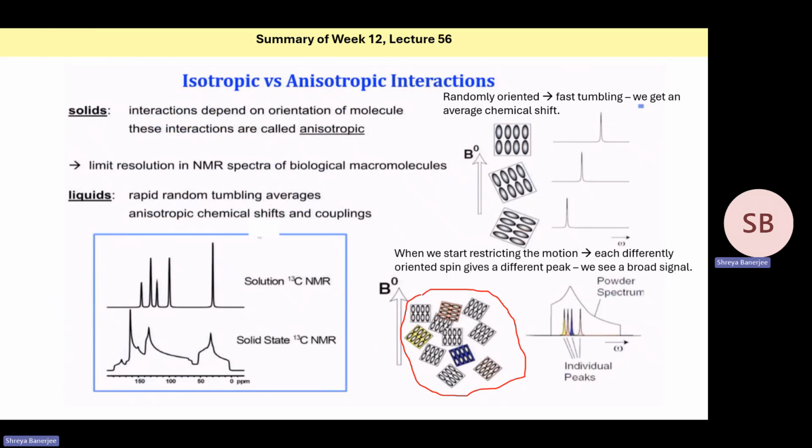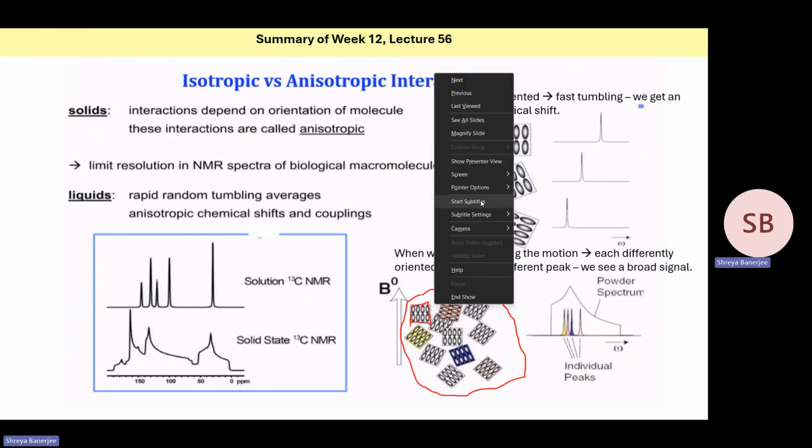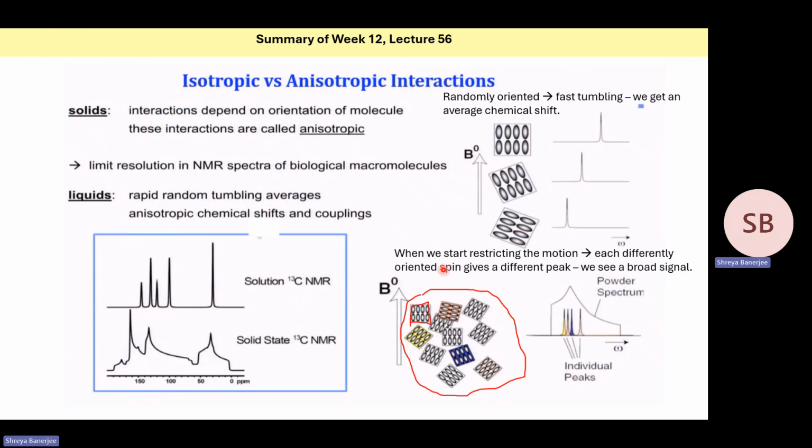In different places, the orientation is different. In each of these square structures, you have short range order. But overall, there is an anisotropy because there is only short range order. And also because it is a solid, these are not allowed to freely tumble and move around.